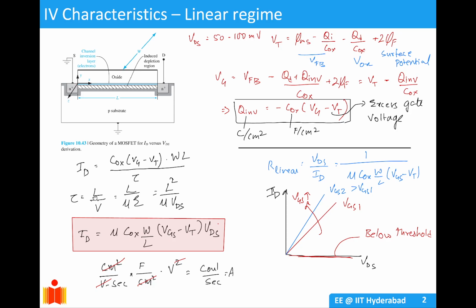And tau we can calculate as L by v, that is L by mu E, or L square by mu VDS. So putting that in, we get our drain current equals mu Cox W by L (VGS minus VT) into VDS.